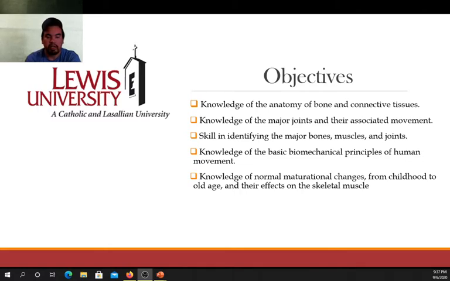And you're going to gain knowledge of the normal maturational changes from childhood to old age and their effects on the skeletal system. Lots of these touch on greater course objectives, and you'll get a little piece here and a little piece in another lecture, so that by the end you will have all of them.